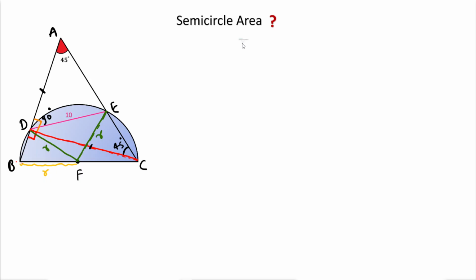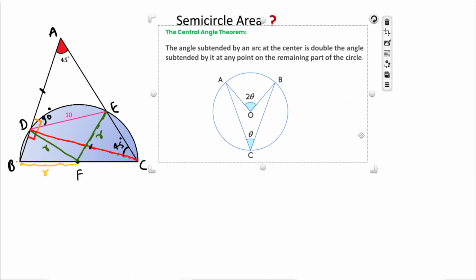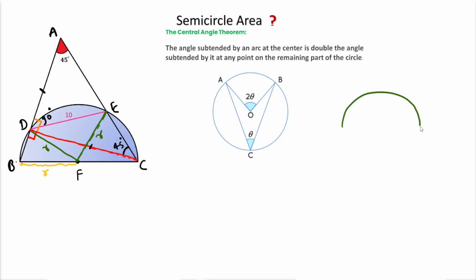Now one thing we can see here, one important concept: the angle subtended by an arc at the center is double the angle subtended by any point on the remaining part of the circle. This is a full circle actually. So if I consider this a semicircle, you can see this is the center and this is the arc.